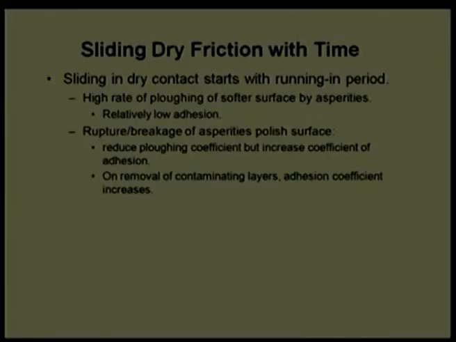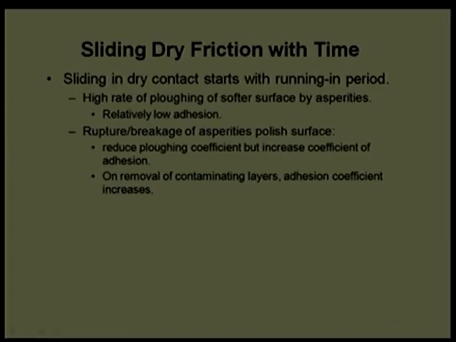However, there is a possibility of change in coefficient of friction even under steady running condition. When we bring two new, fresh surfaces, there will be a higher plowing effect at the start and relatively low adhesion.